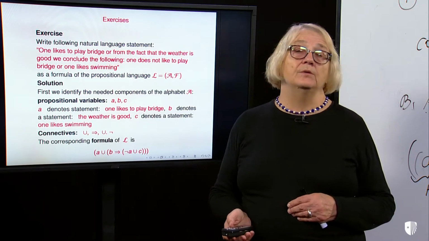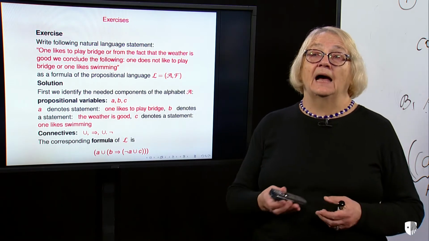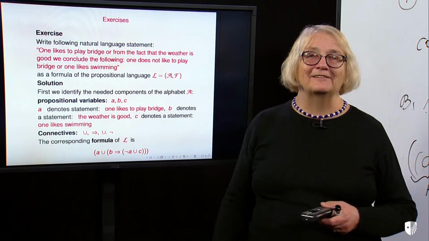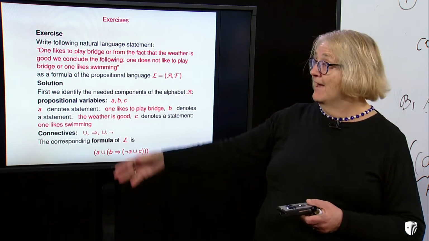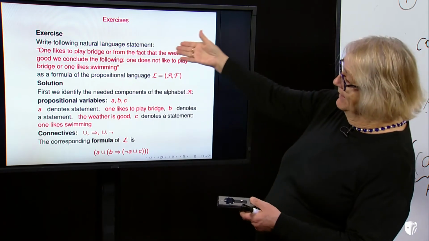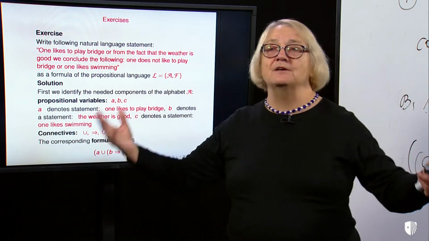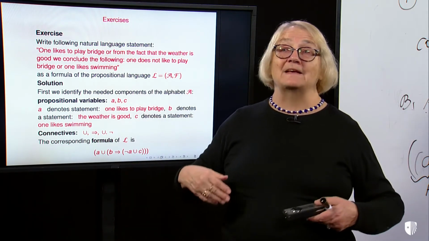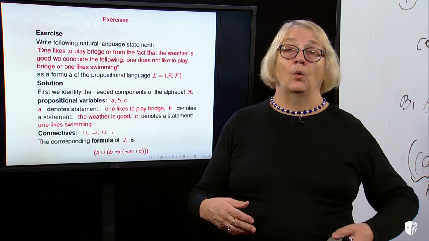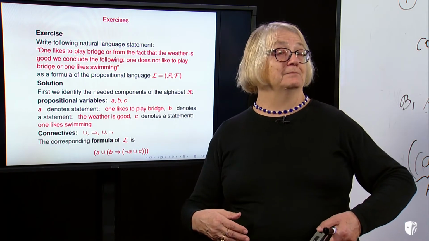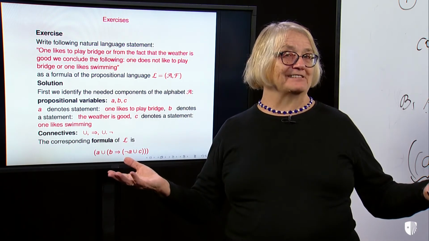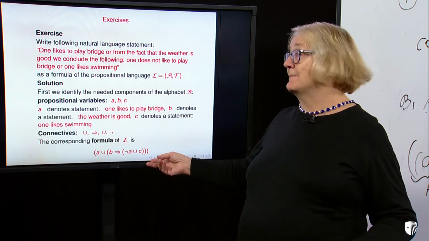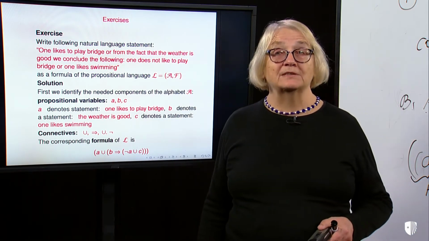Then you can have nice exercises; I gave you plenty, so it's a nice way to play. We have a complex statement: one likes to play bridge, or from the fact that the weather is good, we conclude the following: one does not like to play bridge, or one likes swimming. That's a natural language sentence, and there is a formula which represents it.